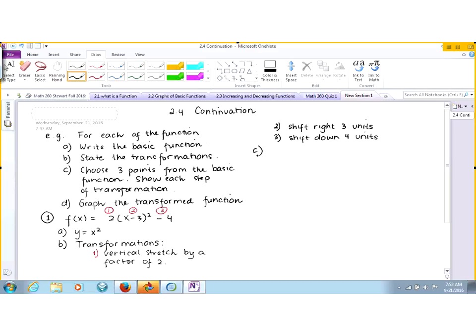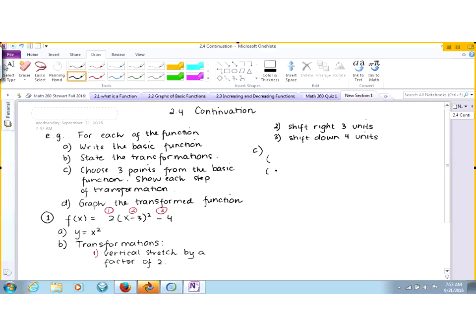Now, the next one is I need to choose 3 points from the basic function. So my basic function is y equals x squared. What 3 points do you think represent y equals x squared? Well, of course, the shape is a parabola. Then, of course, we have to include the vertex, right?